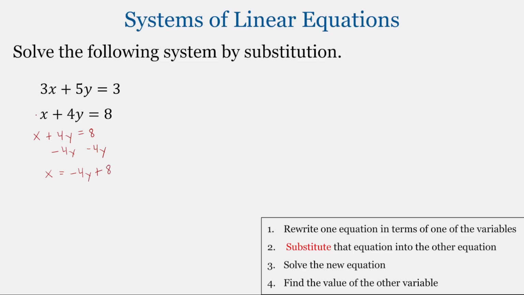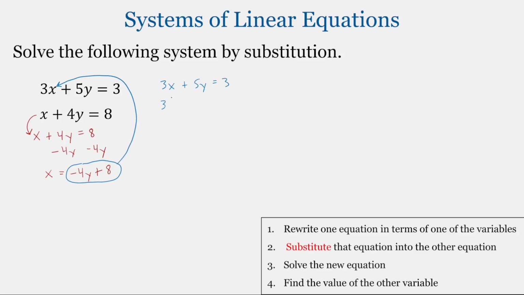Now we rewrote the second equation. So therefore, I'm going to take this x value and substitute it into the first equation. So the first equation is 3x plus 5y equal to 3.